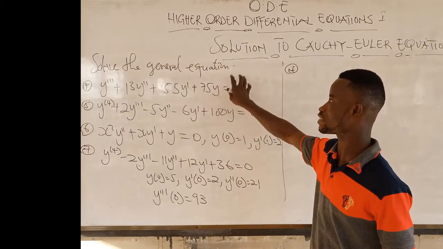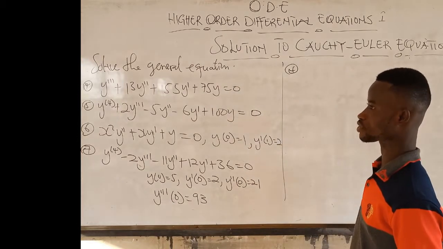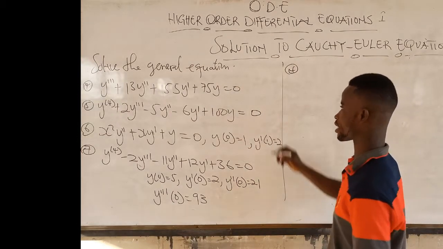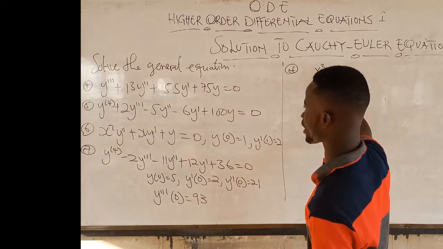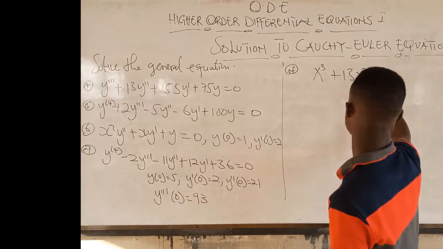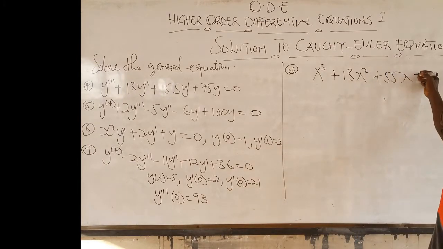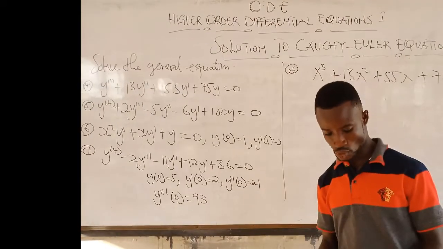This is a constant coefficient. Alright. So this one is straightforward. Lambda power 3 plus 13 lambda squared plus 55 lambda plus 75 equal to 0. Alright, so with this, you continue to solve it.